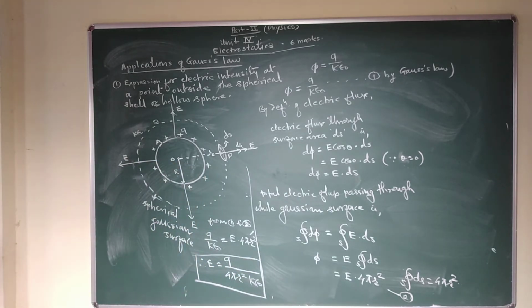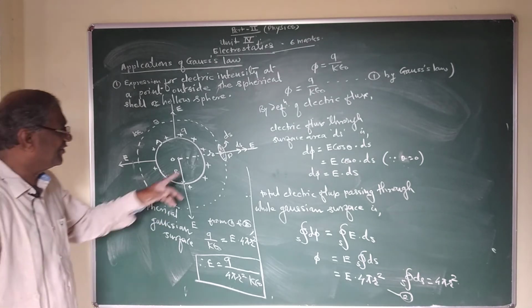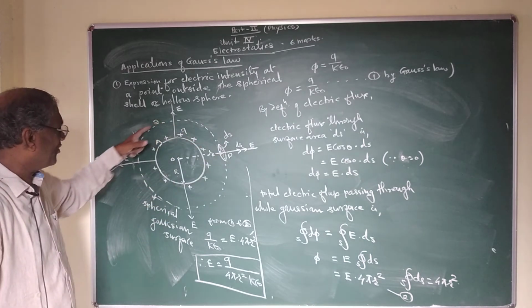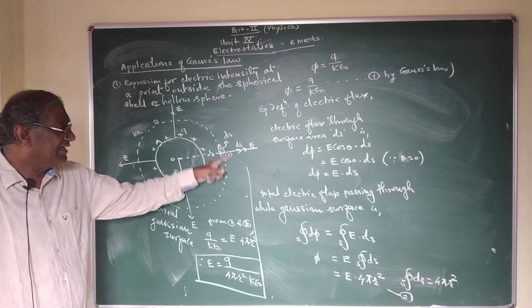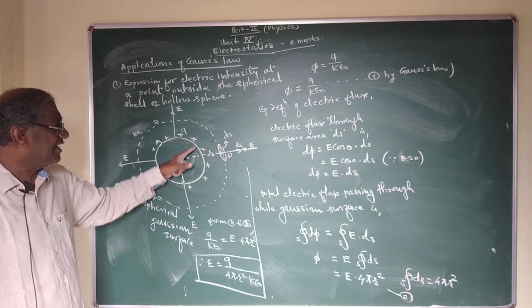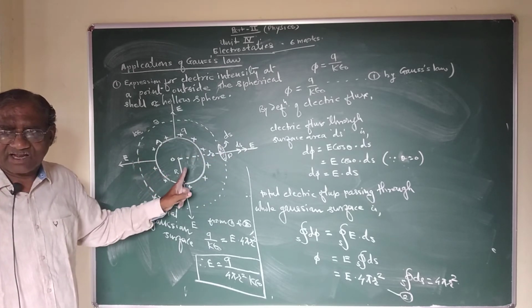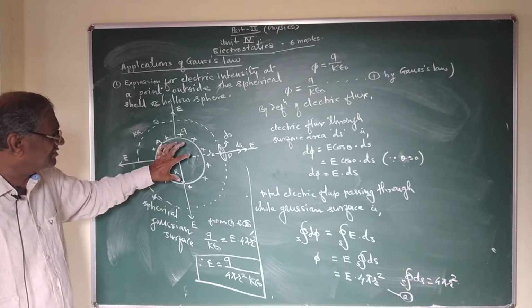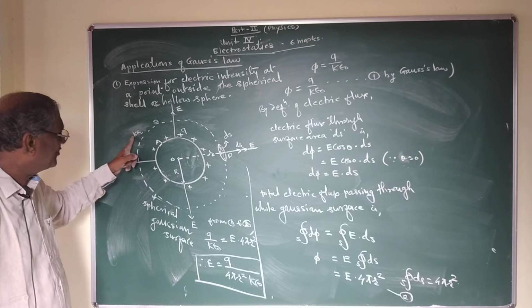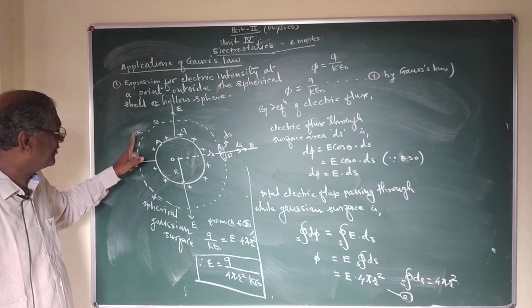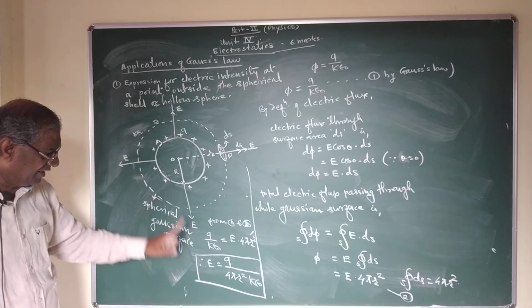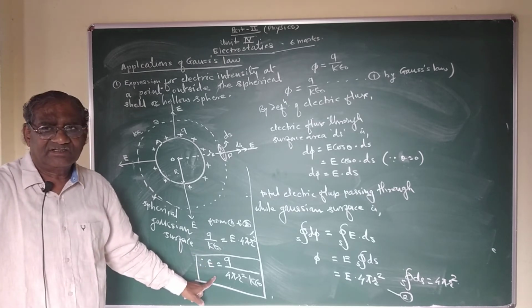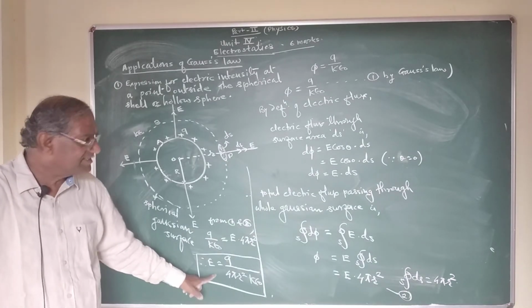This is the required expression for electric intensity at a point outside the charged sphere, if I consider this charged sphere in a dielectric medium having electrical permittivity k epsilon 0.